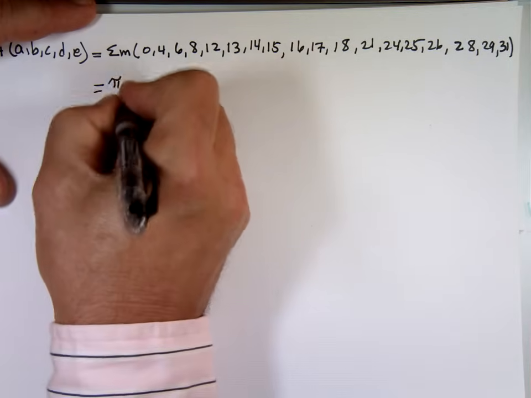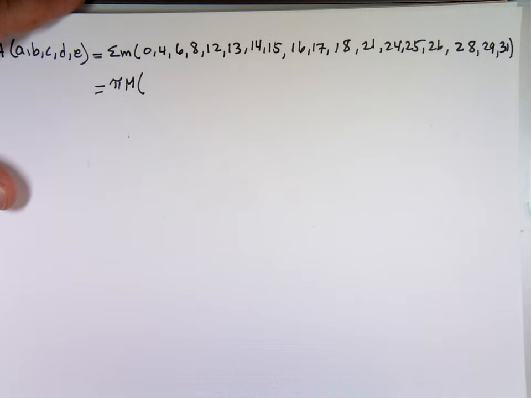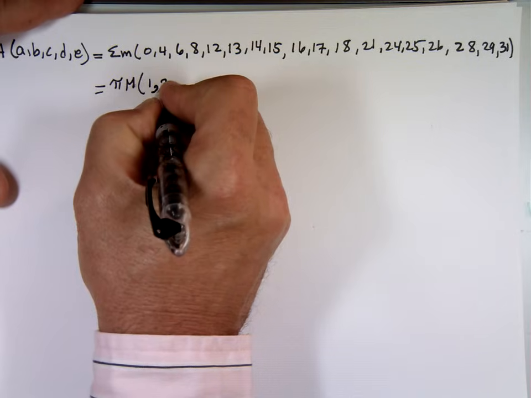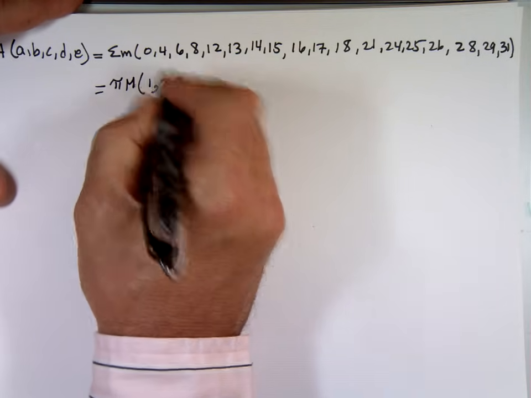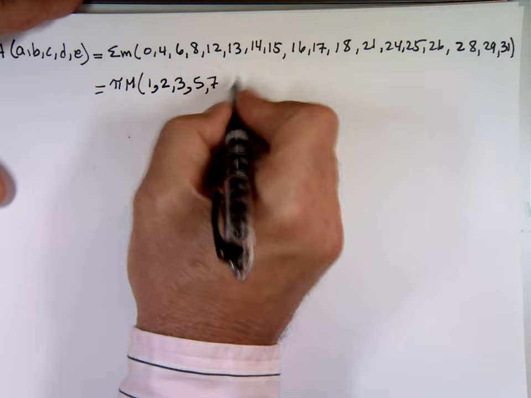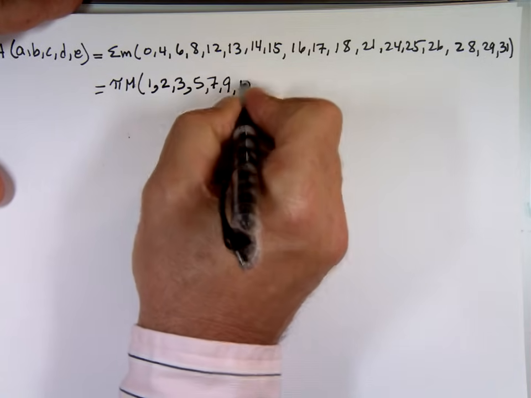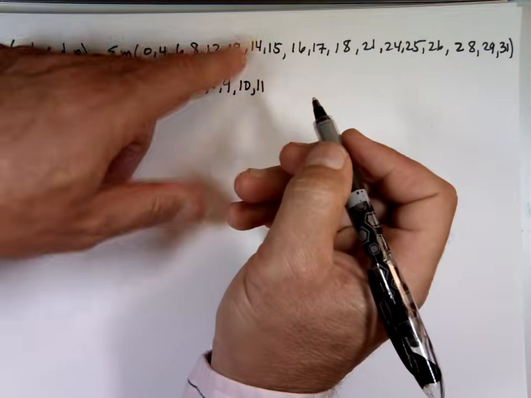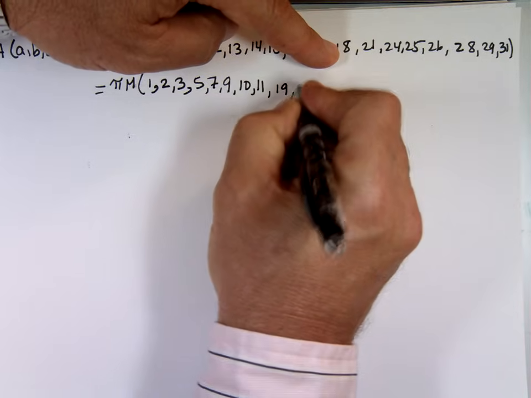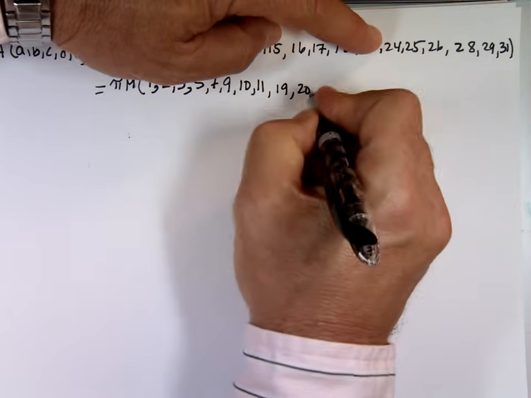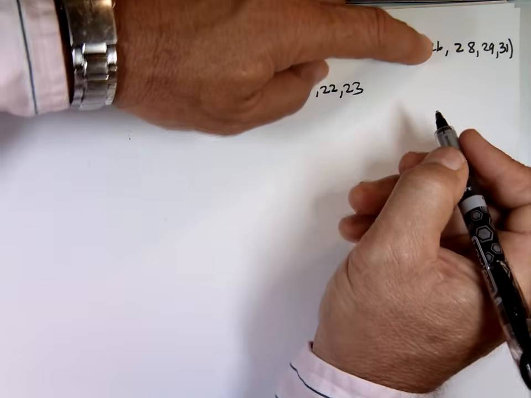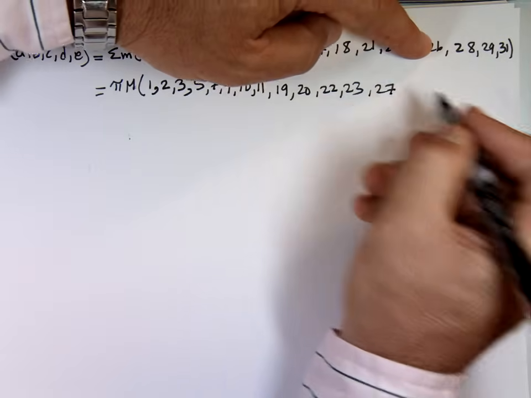Now, me personally, instead of writing all of this, I have no idea why they don't do pi and just write where the function is 0. A lot less writing than all of these. It's 0 where? At 1, 2, 3, 5, 6, 7, 8, 9, 10, 11, 12, 13, 14, 15, 16, 17, 18, 19, 20, 21, 22, 23, 24, 25, 26, 27, 28, 29.